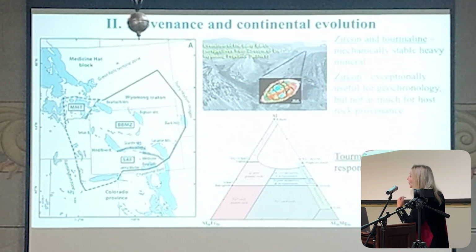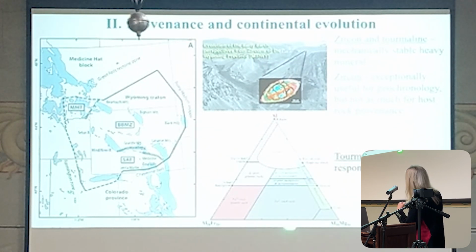And by measuring only 3 chemical elements, aluminum, iron, and magnesium, and looking at those various ratios, we can plot it on this diagram, which has 8 different host rocks in which the tourmaline will form. So even when tourmaline is separated from its original rock, if we look at its chemistry, we can tell the host rock in which it came.